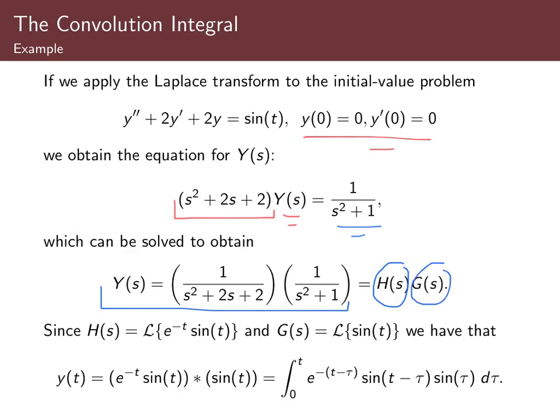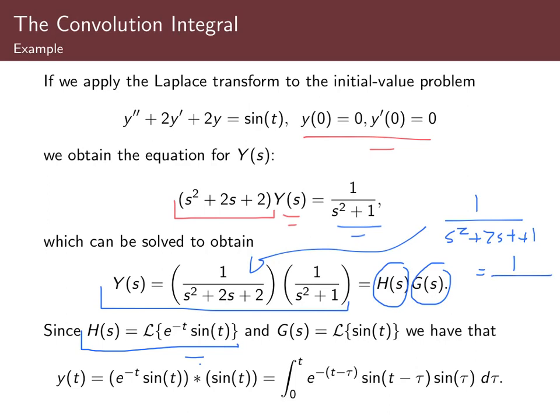We know that H is the Laplace transform of e to the minus t times sine of t, right? If we write this as 1 over s squared plus 2s plus 1 plus 1, and we complete the square on the bottom, we have that.